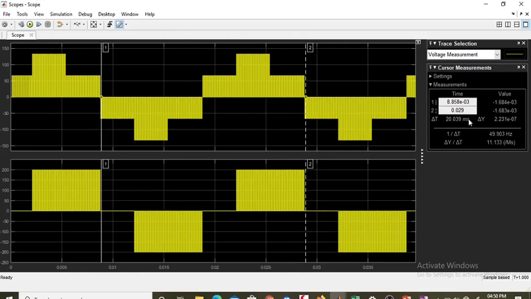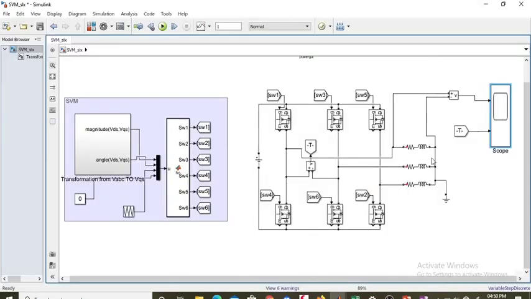The difference of the time is 20.039 milliseconds, which is very good, and the inverse of this is 49.903 hertz, which is approximately equal to 50 hertz, a quite good response for the inverter and a good response to the load. This is the load part. You can change it according to the requirement of the load.